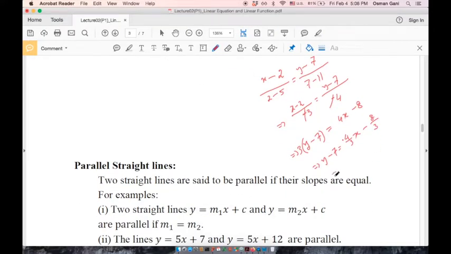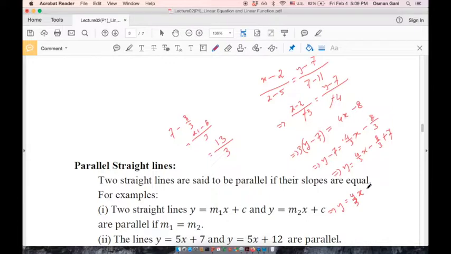Dividing both sides by 3, this implies y equal to 4 by 3 x minus 8 by 3 plus 7, which implies y equal to 4 by 3 x, and what is 7 minus 8 by 3, which is equal to 21 minus 8 by 3, which is 13 by 3.